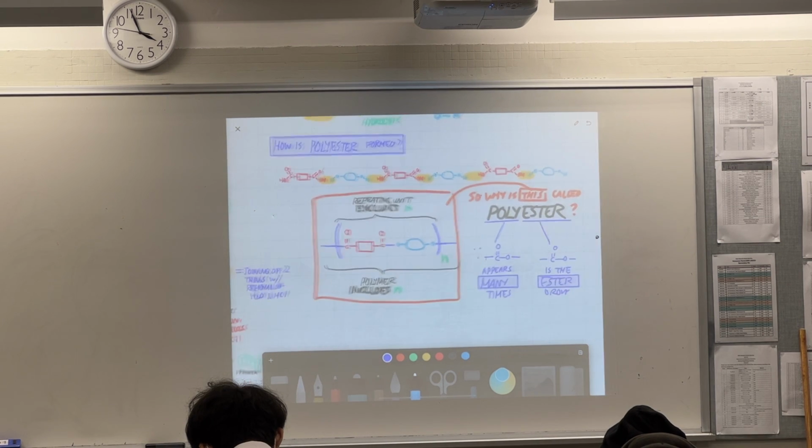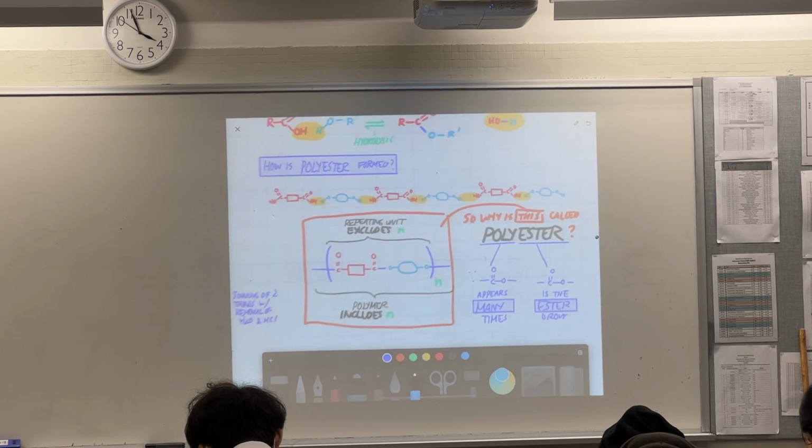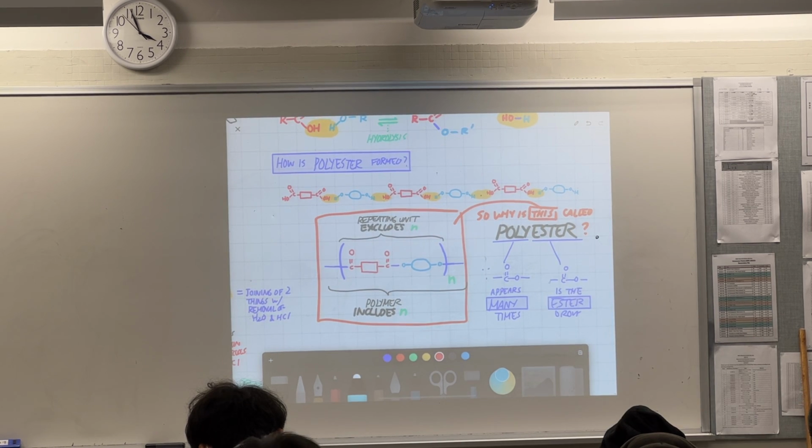In fact, polyamides are formed in a very similar way. Can you put down the key in here? What does this mean? This is a dicarboxylic acid, and this is a diol.